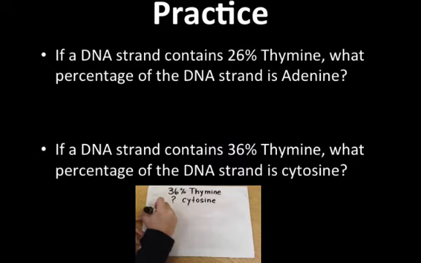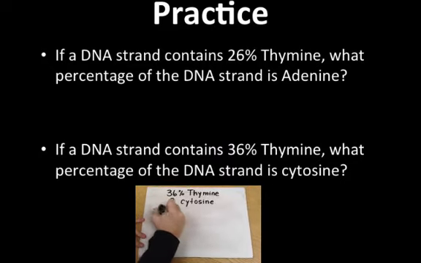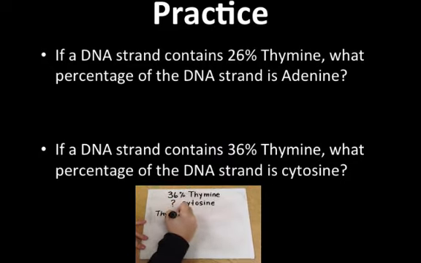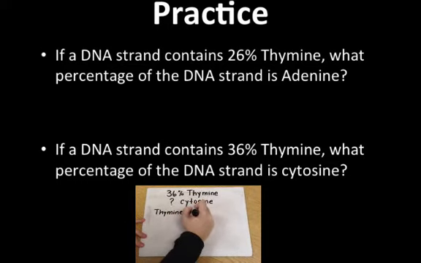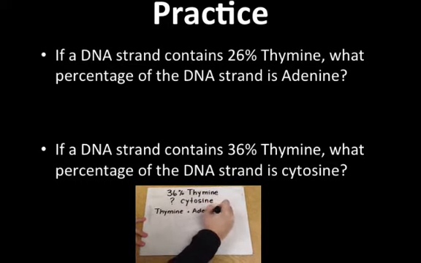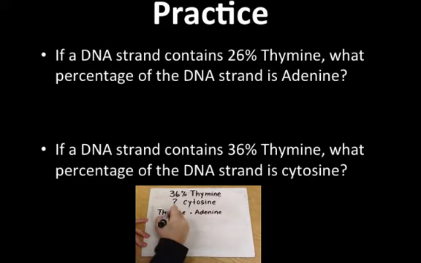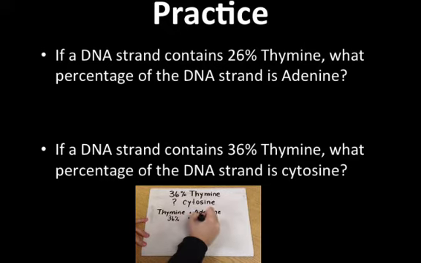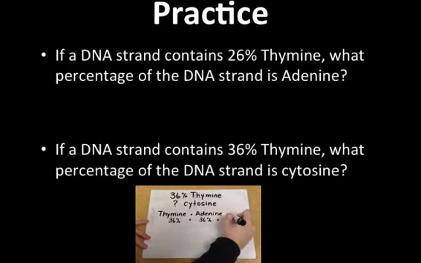All right, our next one is, if a strand of DNA contains 36% thymine, what percentage of the DNA strand is cytosine? Well, we know that thymine and adenine are equal. So if 36% of the strand is thymine, 36% is adenine, then we're at 72% of the strand is adenine plus thymine.